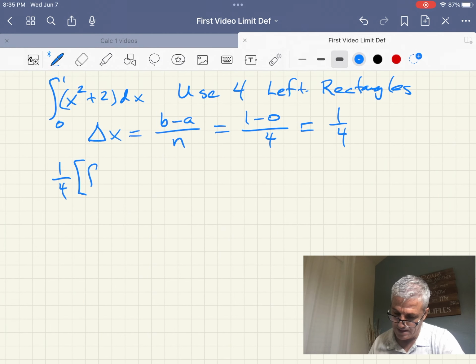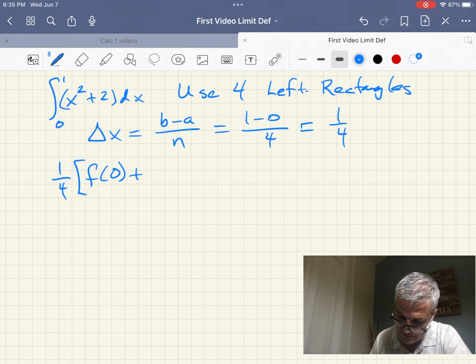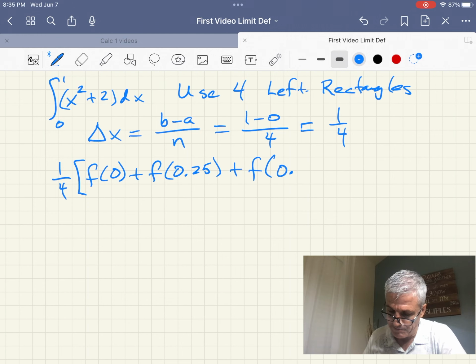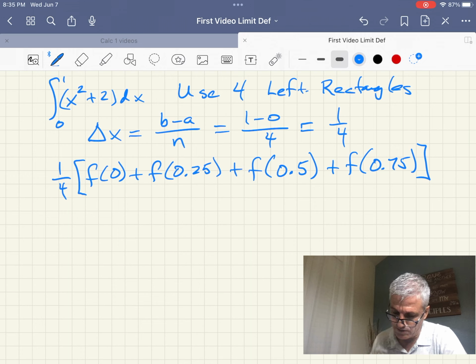Okay, so we would have f of 0 plus f of 0.25, and that's because we're scooting over 1/4 every time that we do this, plus f of 0.5 plus f of 0.75. So those are going to be my 4 heights. So remember, these are all heights, and each one of them has a width of 1/4.